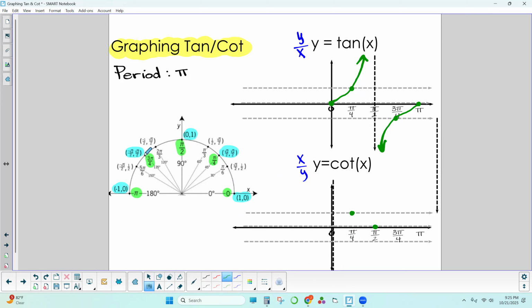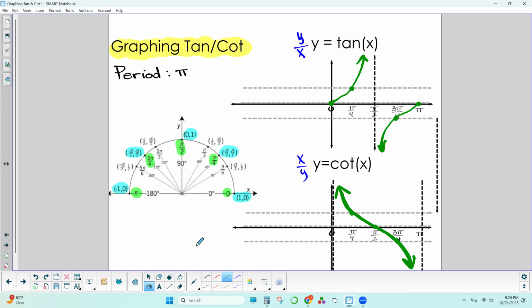At 3 pi over 4, x over y is -1. And at pi, x over y is again undefined, so we have a vertical asymptote. We approach our asymptotes on both sides just like this. And that is one period of cotangent.